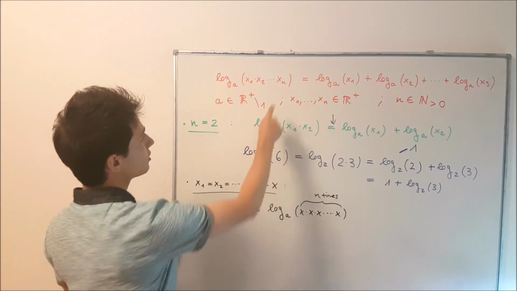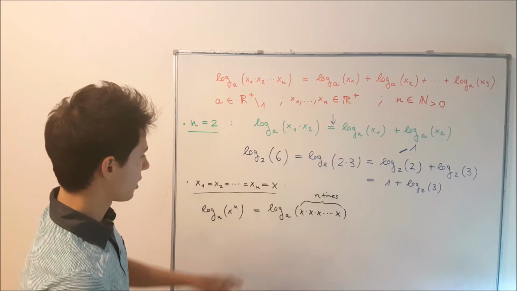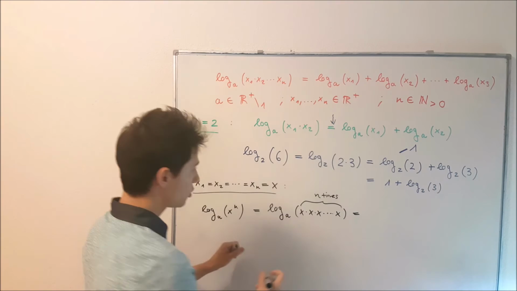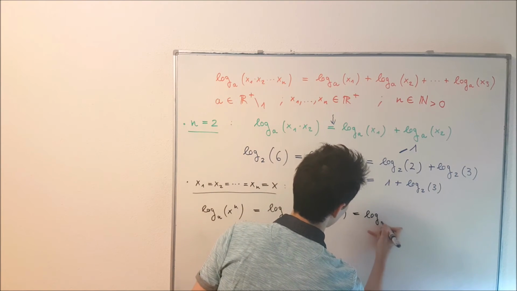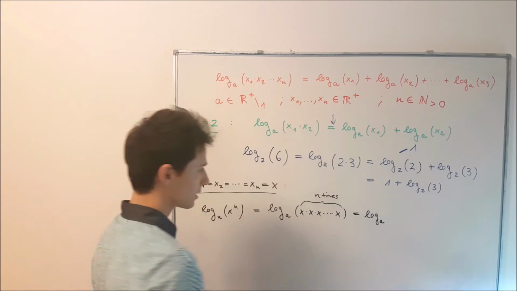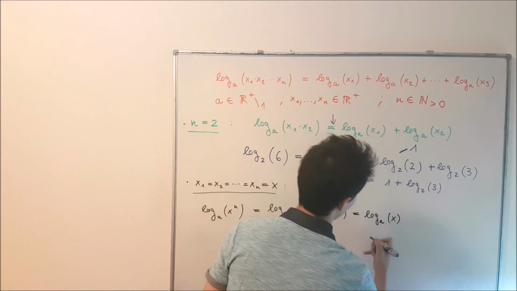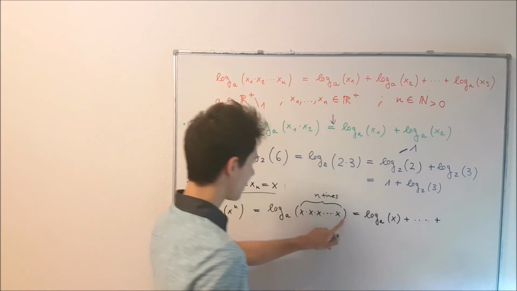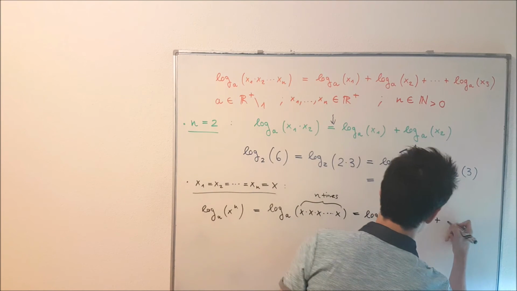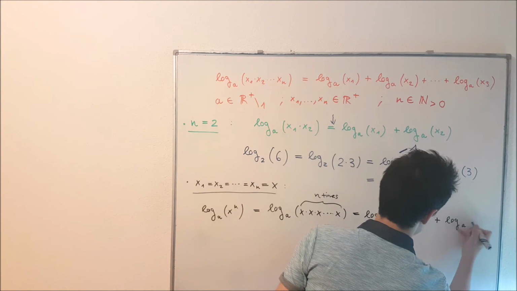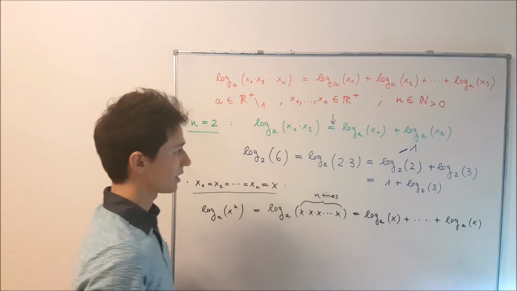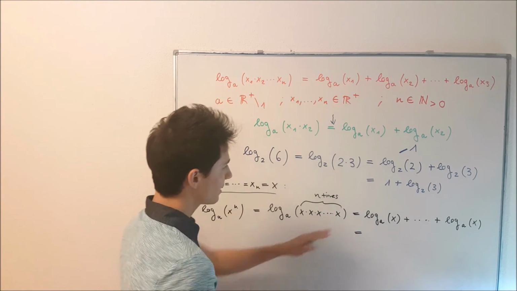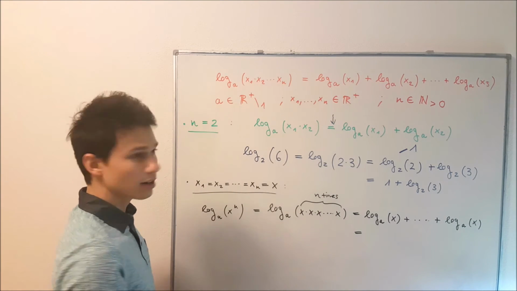Now let's use the general product rule, and we can split this into the log to base a of the first factor x, plus, and so on, until the last factor x. So what we did, in fact, was simply adding n times the logarithm.